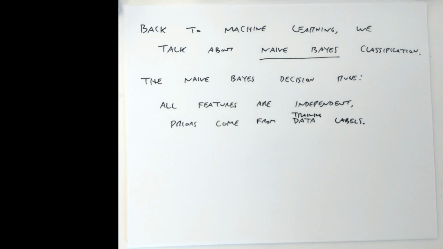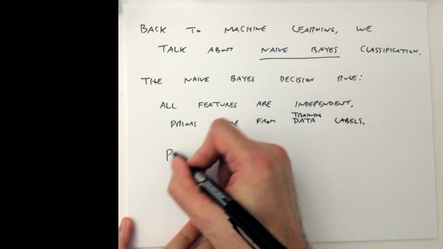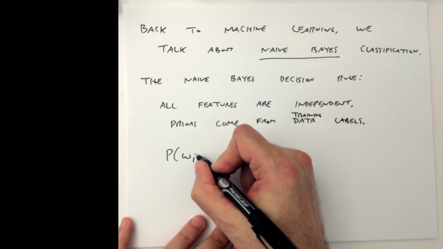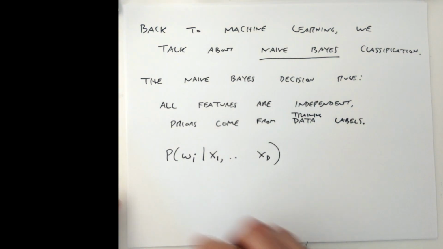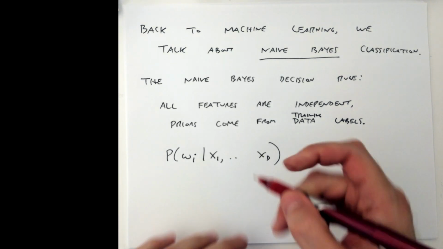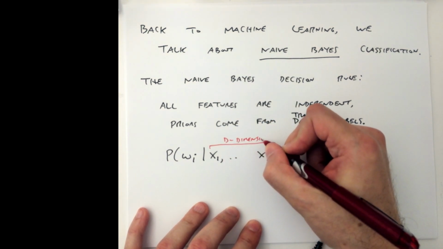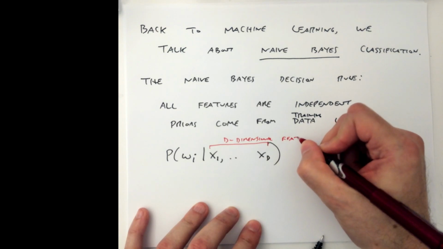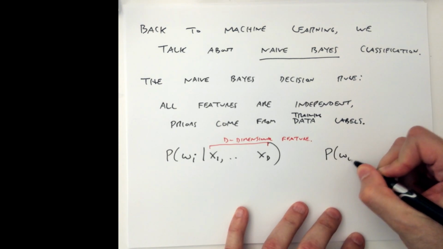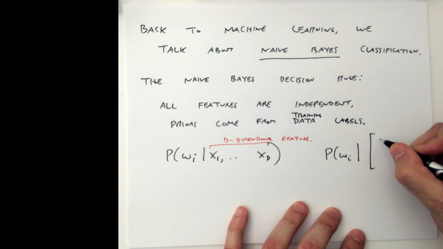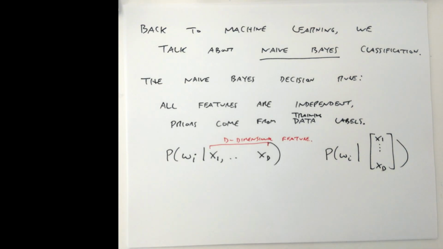So the naive Bayes thing to do would be to say, okay, I'm going to try to build a PDF of, I want to basically build this posterior. So here, this is like saying, not D data samples, but I have a D-dimensional feature. Maybe a better way to say this would be, I want to find the posterior given a vector of features. Okay, so this is my feature vector.